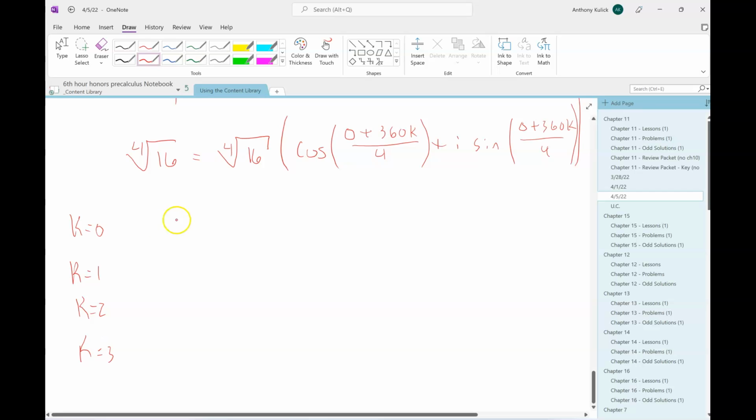Okay. So for k equals 0, the 4th root of 16 is just 2. Cosine of 0 is 1. Sine of 0 is 0. So that just becomes 2. That was the answer Aiden gave.